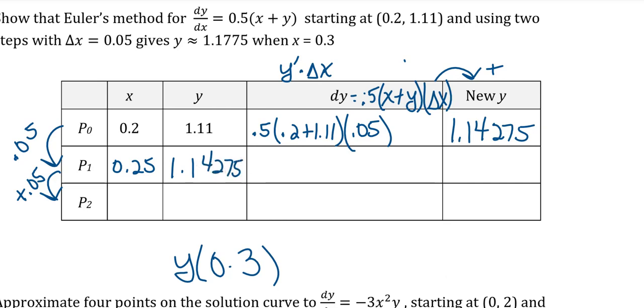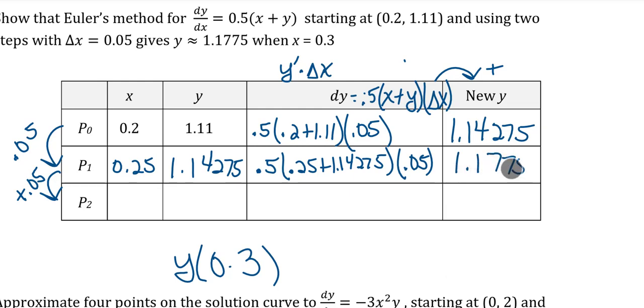My new y is now the one I just found in the last line, 1.14275. And now I'm going to use those two values and substitute them into my equation here. So I have 0.5 times, and now I'm taking 0.25 plus 1.14275, and I'm going to multiply all that times 0.05. And when I do that, I get a new y value of 1.17756.